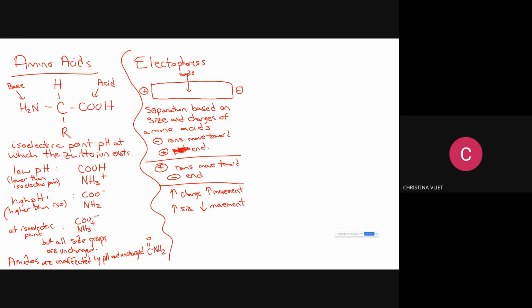And then finally, what if there wasn't a charge at all? Would there be any movement? No charge equals no movement. That was a process called electrophoresis, which is the separation of amino acids based on charge and size.